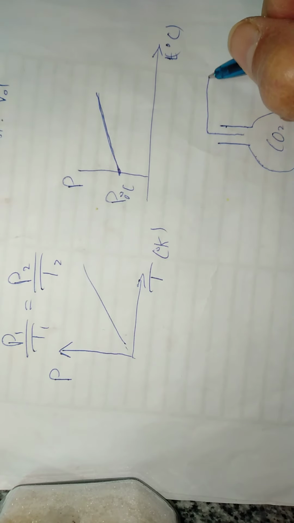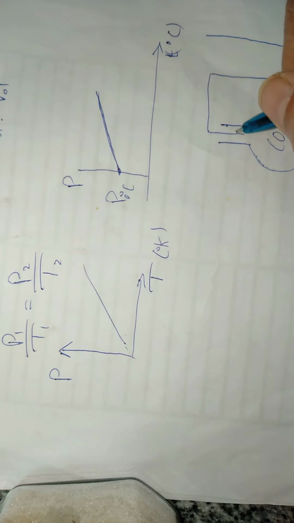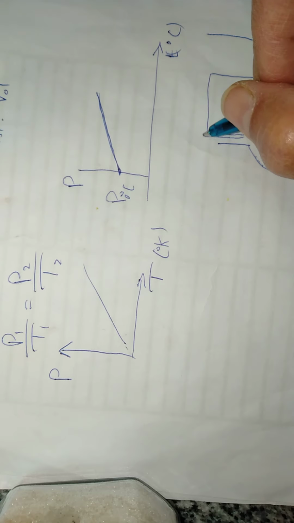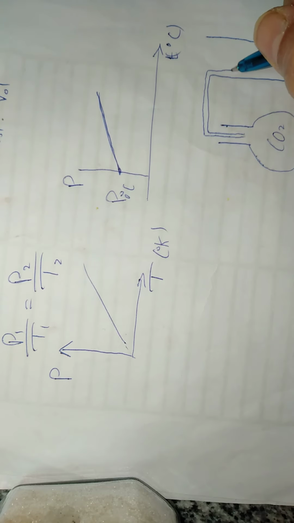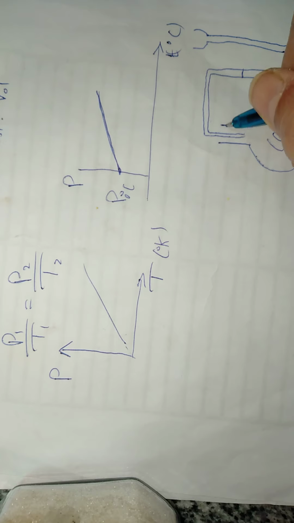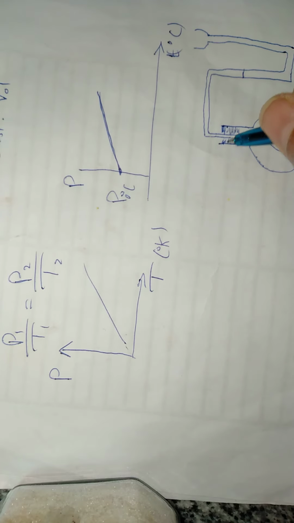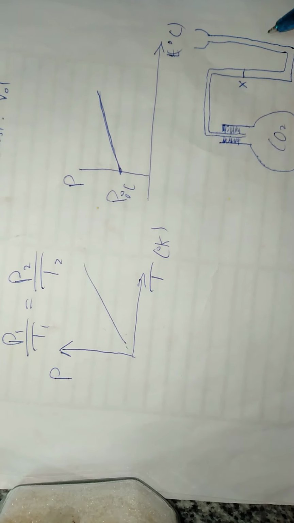We put inside it a glass tube which is connected to a funnel to put mercury, and we put mark X to keep the volume of the gas constant. This is mark X, and this is mercury.